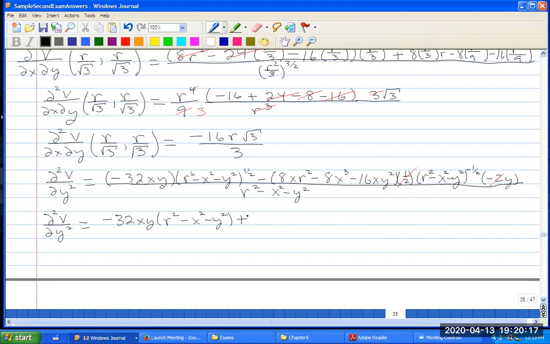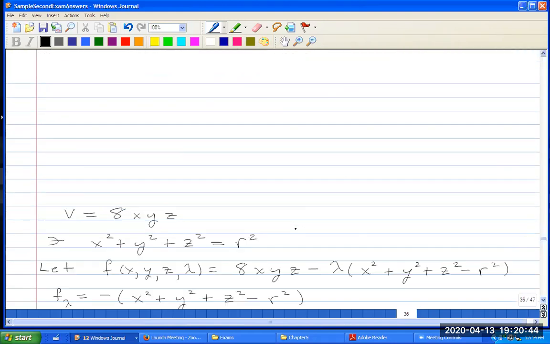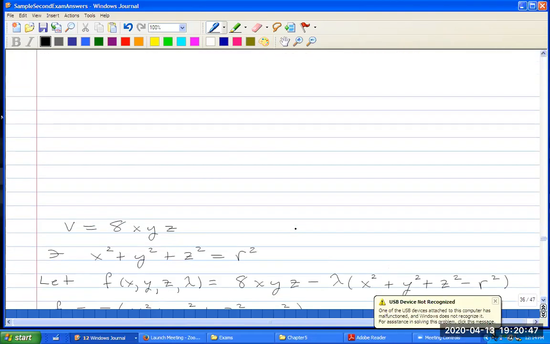Minus and minus become a plus 8xy r squared minus 8x cubed y minus 16x y cubed, all over r squared minus x squared minus y squared to the 3/2. Okay, so we're almost done, but I think I just want one more page, just to be sure.